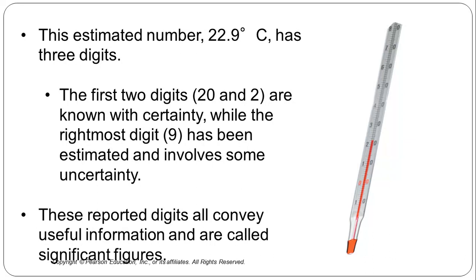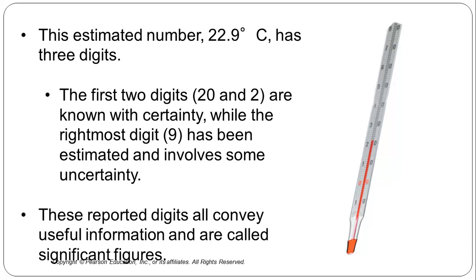You can see those right away, since it is a whole number. The rightmost digit, the 9 or 0.9, has been estimated and involves some uncertainty. You are not sure if it is 0.89 or 0.91. That is why we say it is only estimated and has some uncertainty.